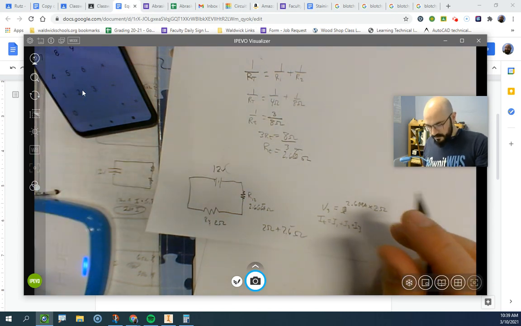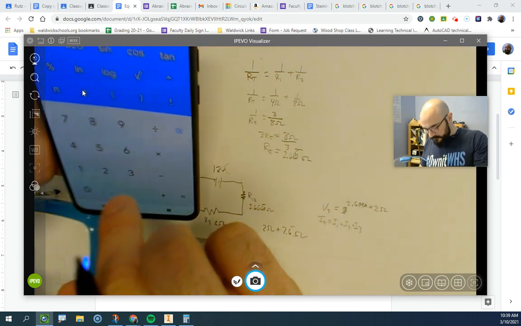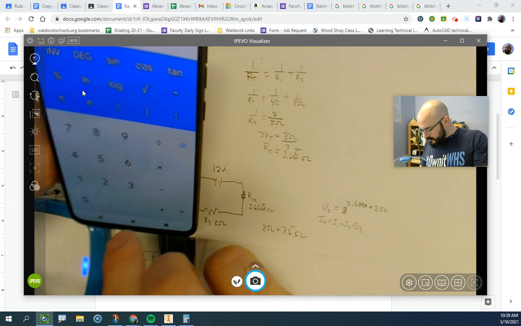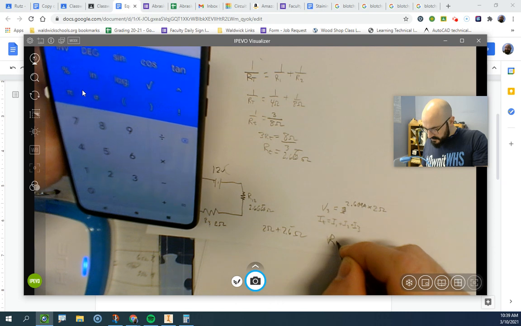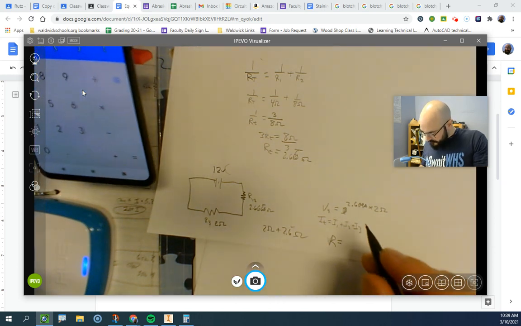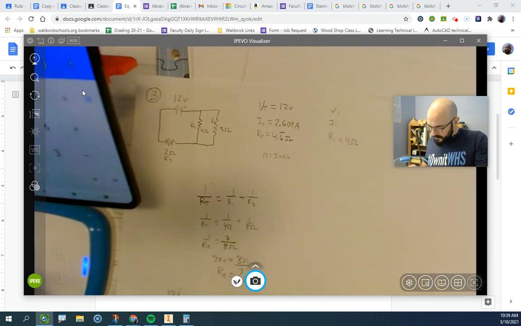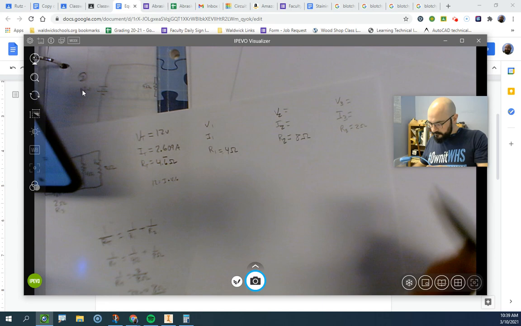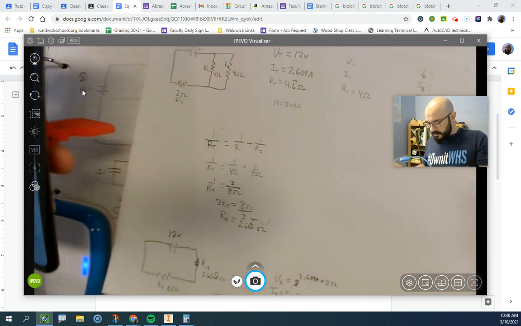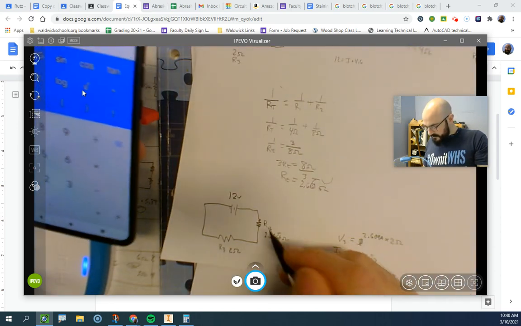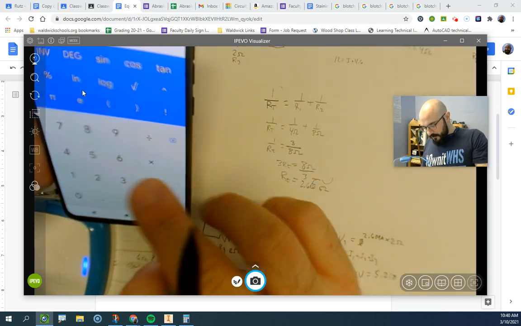So it should be 2 times 2.609. This is voltage. 5.218. So V3 is 5.218 volts. Now, using deduction, that means my V12 is going to be 12 minus 5.218.